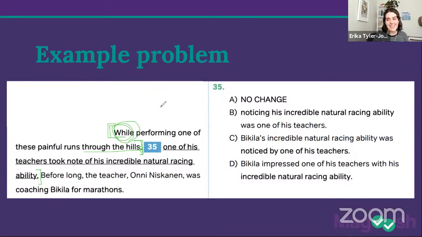With that in mind, take a look at these answer choices and answer either in the chat or in the poll: A, B, C, or D. Which one do you think gives us a correctly placed modifier? And if you can answer in the poll, that's just helpful.